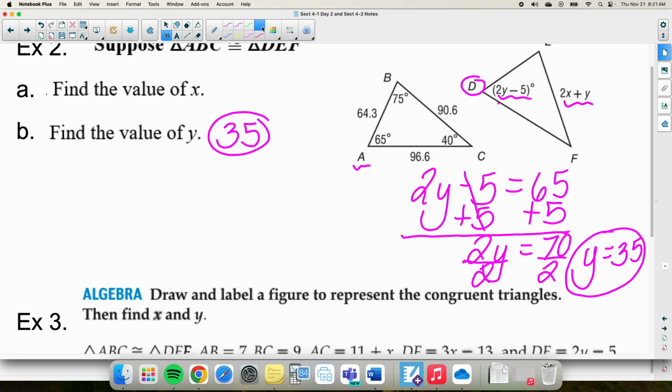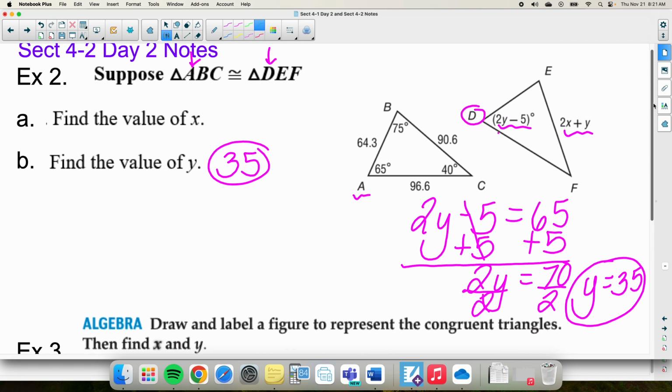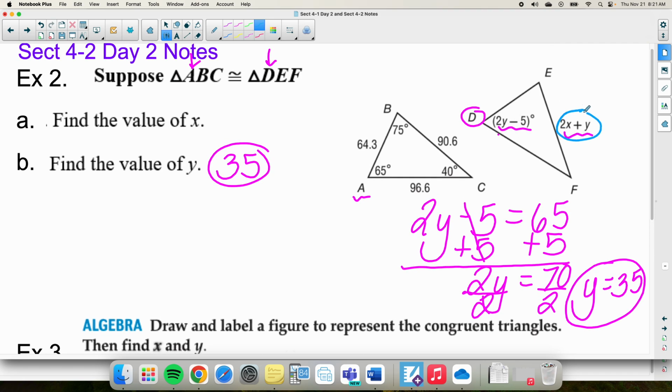Now, the other thing that we have to find is X. This right here is side EF, okay? Side EF. When I look here, EF is the last 2 letters of this, so that means it's going to equal BC because it's equal to the last 2 letters of that.